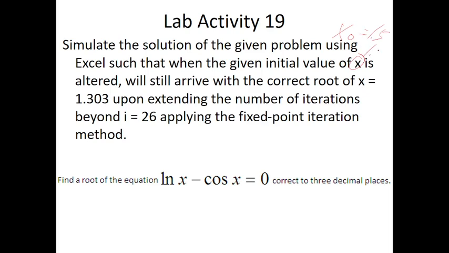Kaya kung ginawa kong 1.4, so ibig sabihin, sa Excel, pwedeng mag-go beyond I equals to 26. O kaya 1.6. No? 1.7. O kaya 2. Okay? So, maraming iterations yan. Baka mag-go beyond I equals to 26. Okay? So, ganun yung gagawin nyo.